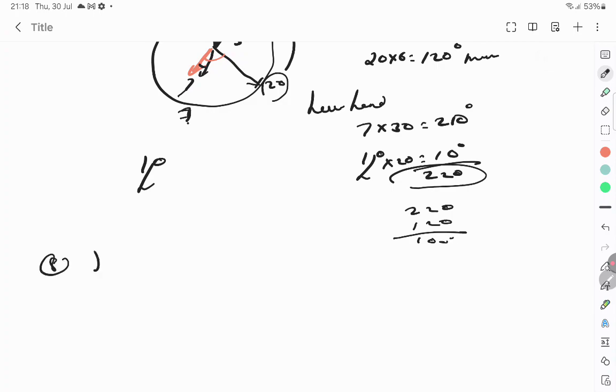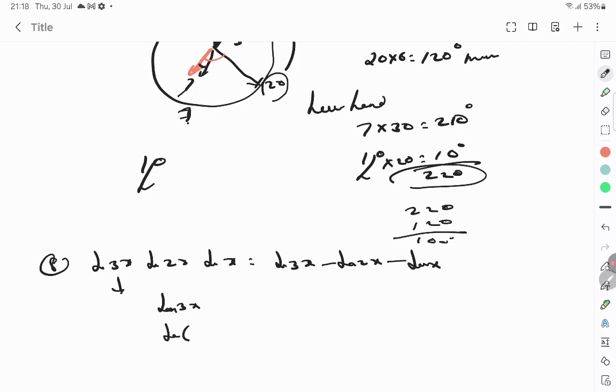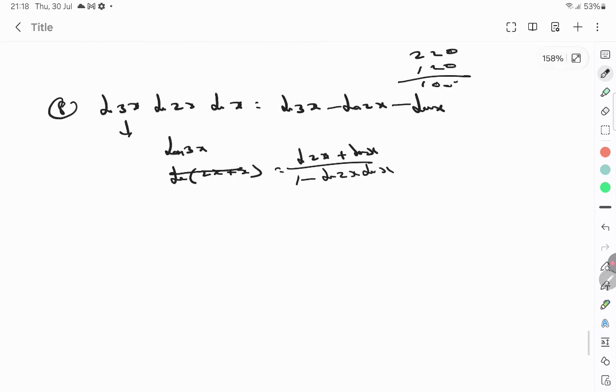So the 8th question is tan 3x into tan 2x into tan x is equal to tan 3x minus tan 2x minus tan x. In this sum, how do you start the sum? You should start the sum using tan 3x, because there's no such formula here, right? So it's tan 2x plus tan x by 1 minus tan 2x into tan x, and rewrite this as tan 3x back again and cross multiply.